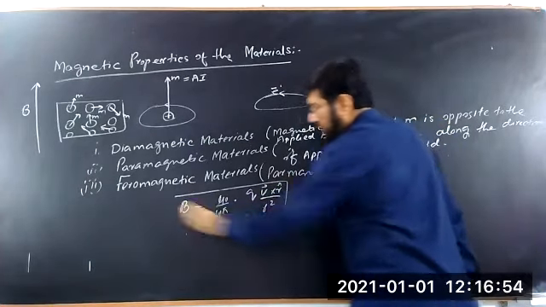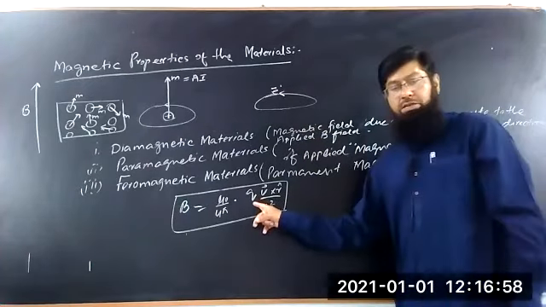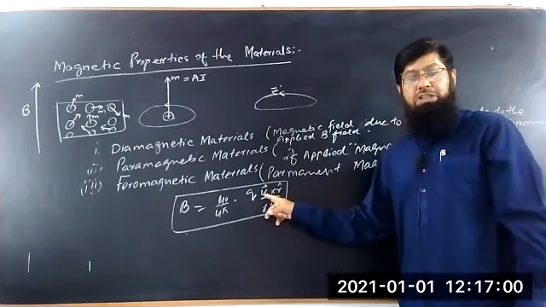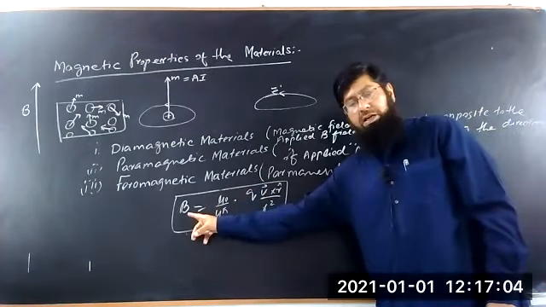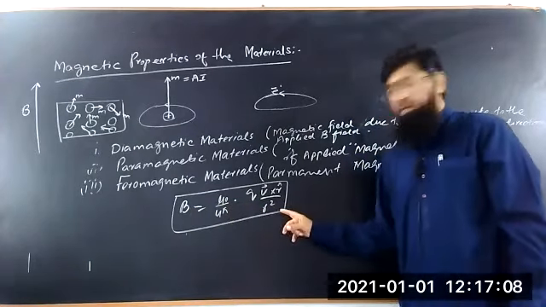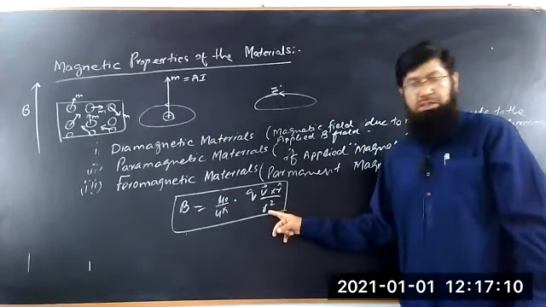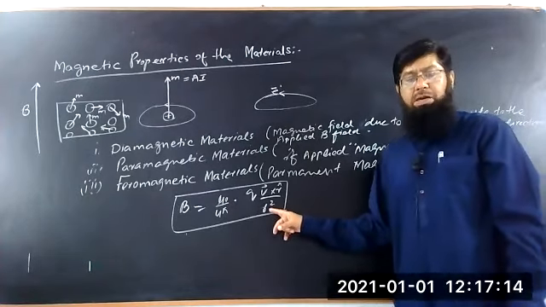If the charge Q is moving with velocity V, it will generate a magnetic field around it. The magnitude of this magnetic field B is equal to mu naught over 4 pi into this, where R is the distance from the motion of the wire. And this is given by the Biot-Savart law.